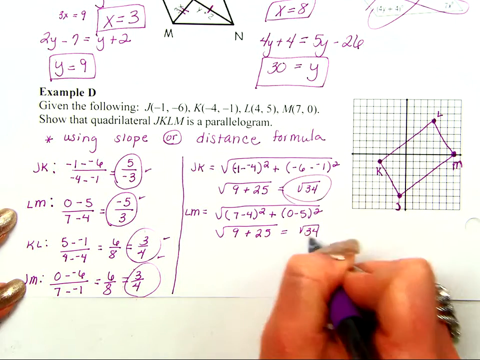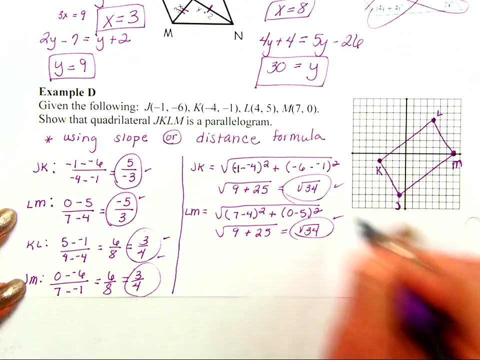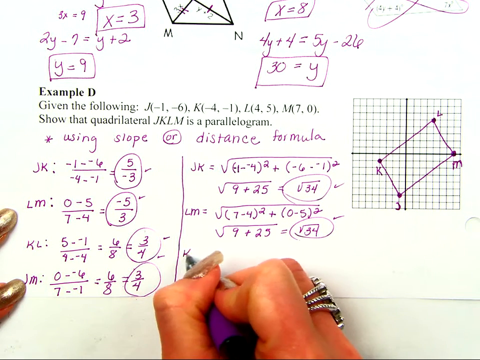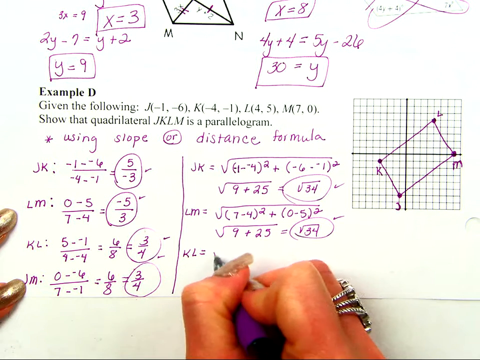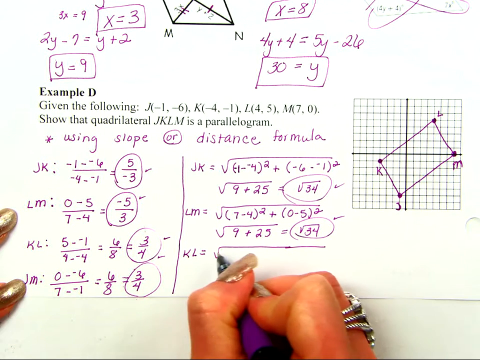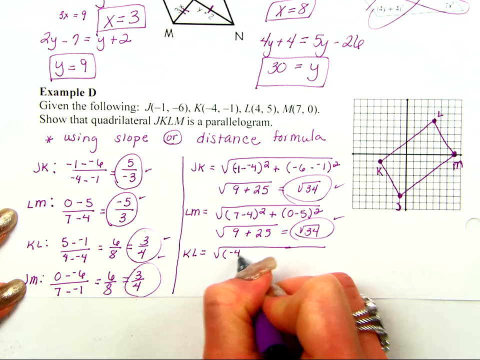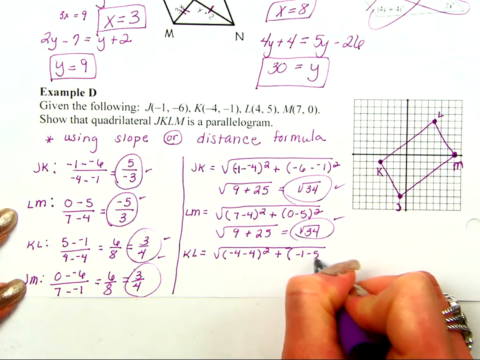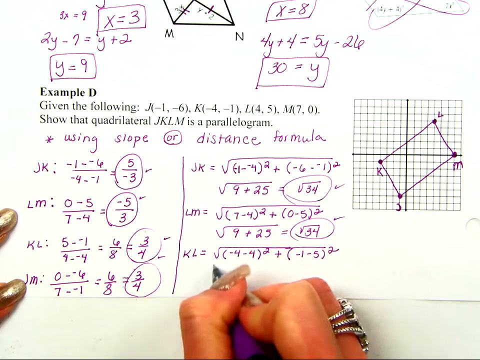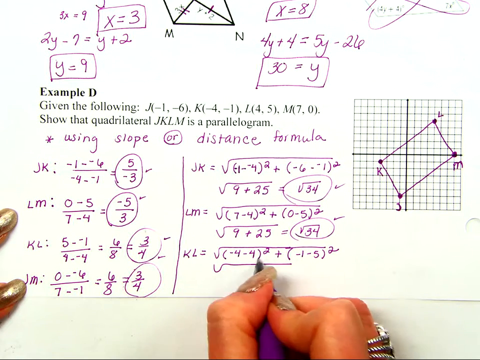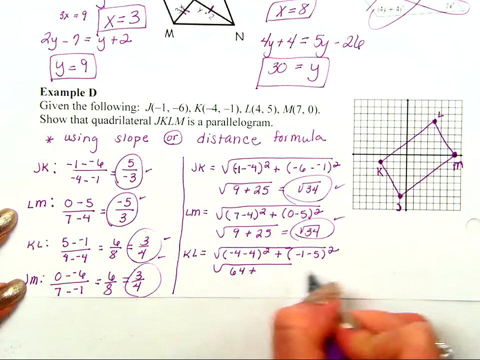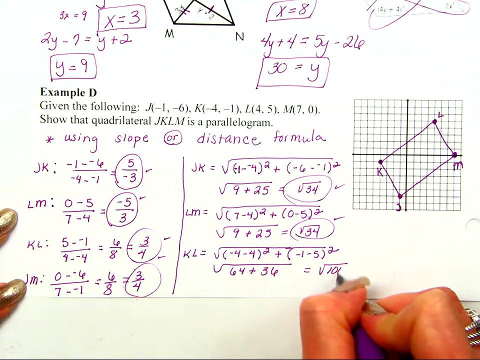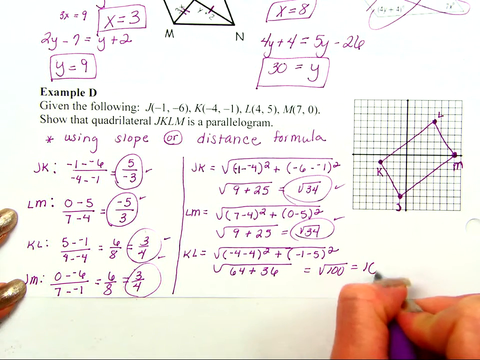So these two segments have the same length. And then I would simply need to do that for my other two segments. KL, x minus x, quantity squared, y minus y, quantity squared. It looks like we're going to have 8 squared and 6 squared. Well, that would be the square root of 100, which I know to be 10.